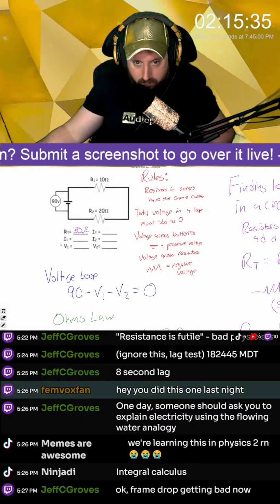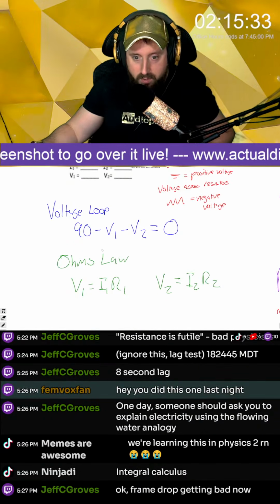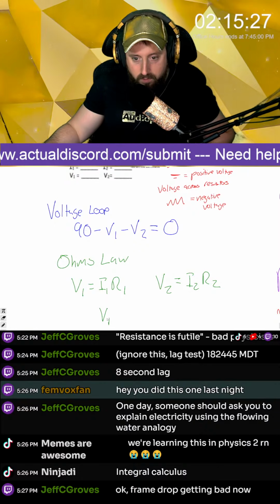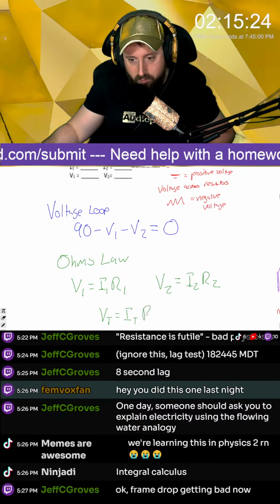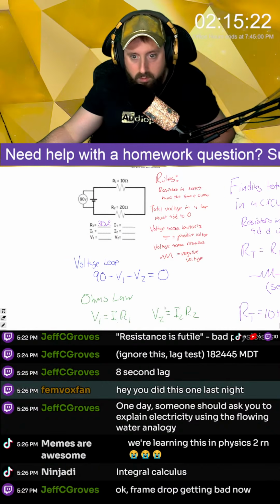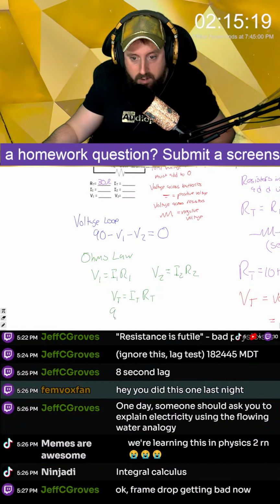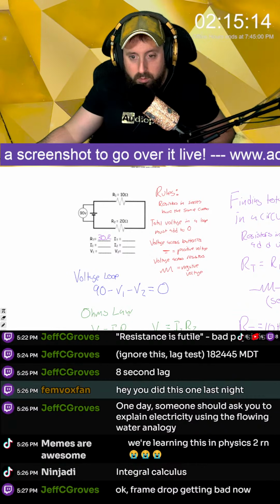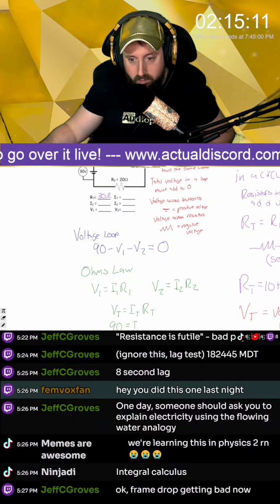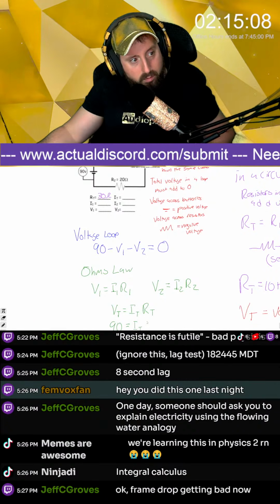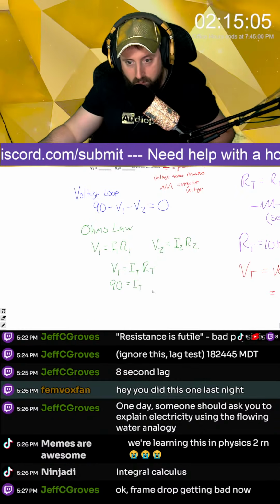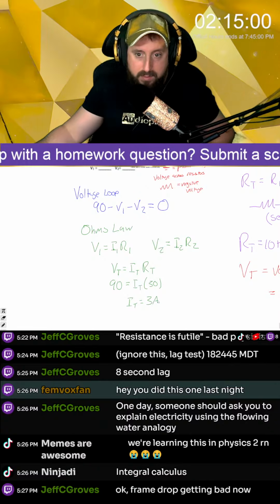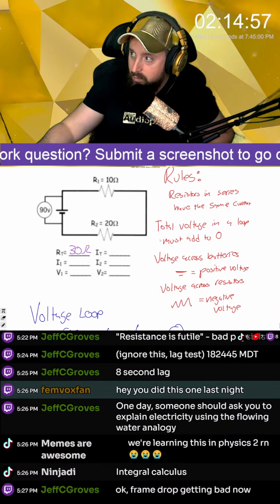The other thing we know from Ohm's law is that V is always equal to IR. So also, V total is equal to I total times R total. So in this case, 90 is equal to I total times 30. And so I total is equal to 3 amps. So this will be 3 amps here.